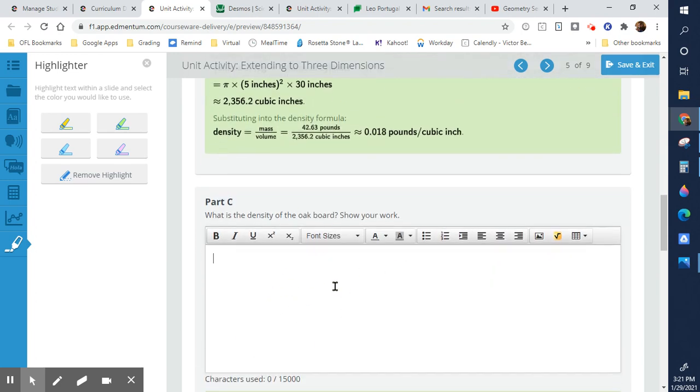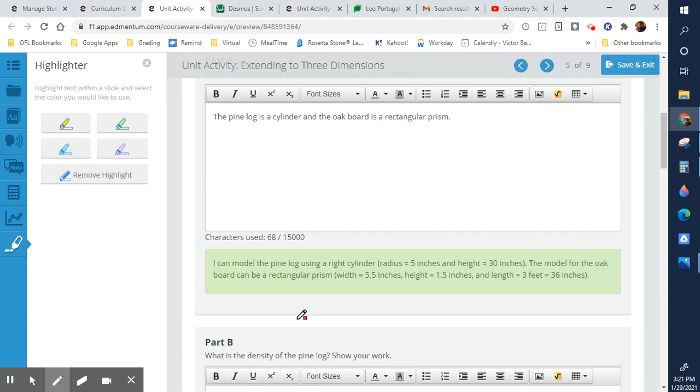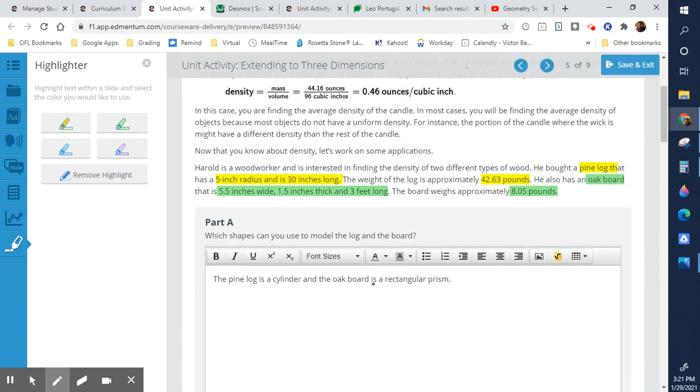The board is significantly easier. I'm going to let you guys do that on your own. So to do the board, we have to do the formula volume equals length times width times height. The only tricky part about this is keep in mind that they said 5 feet or 3 feet long.